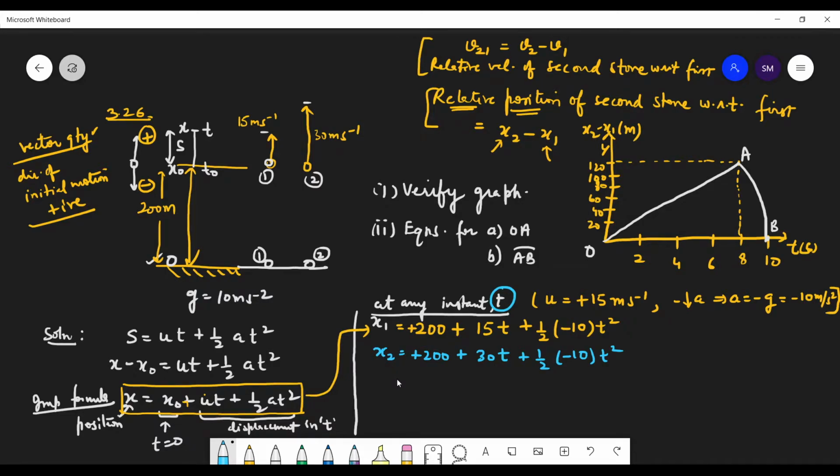Now we have a particular time here, which is 8 seconds. At 8 seconds, this linear graph changed into curved. So what's special happening at 8 seconds?